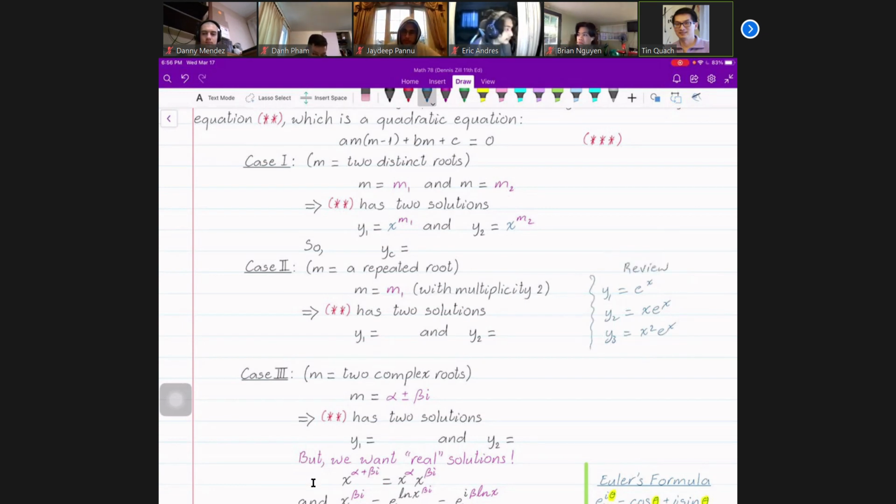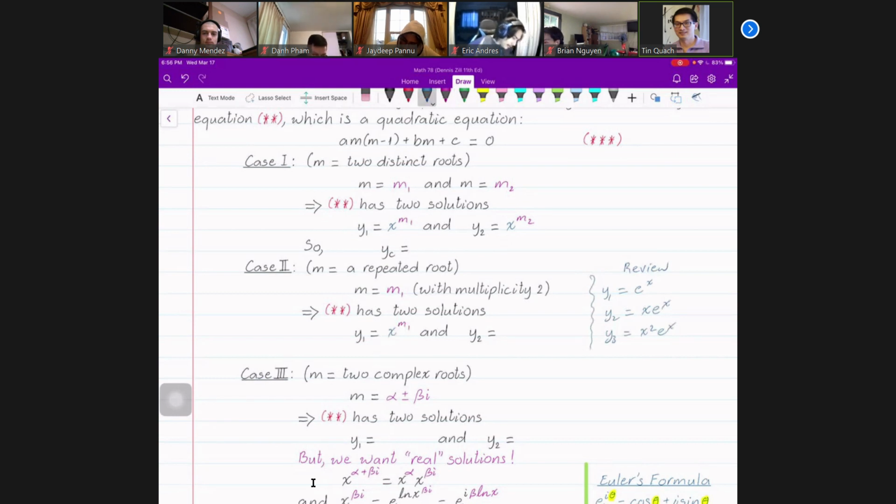Now, you know the first solution is going to be x to the m sub 1, because m sub 1 is the root, but it repeats twice. So you know that you're going to multiply something to it. The question is, what are you multiplying?